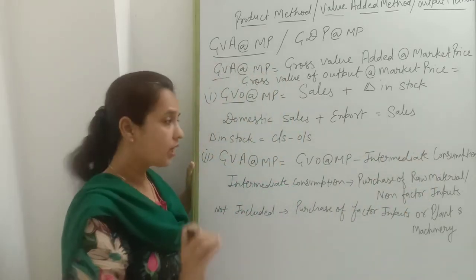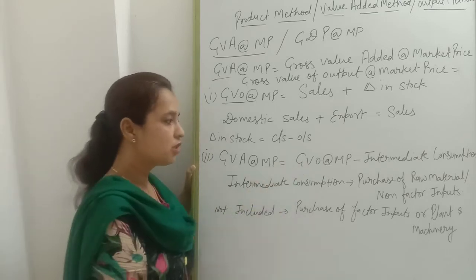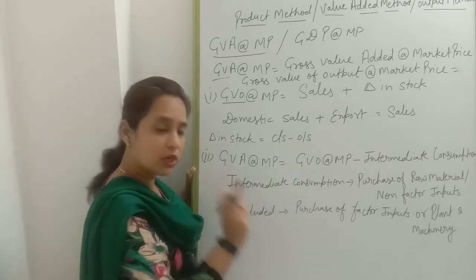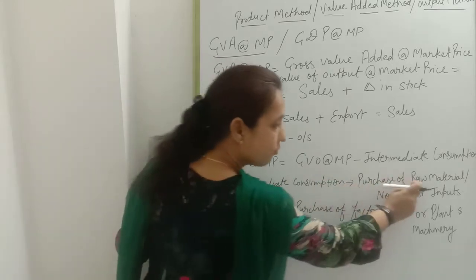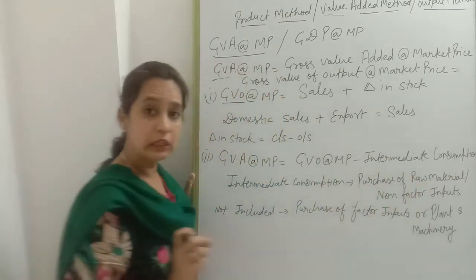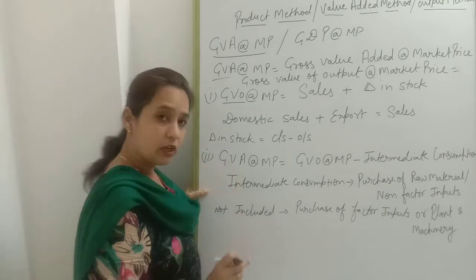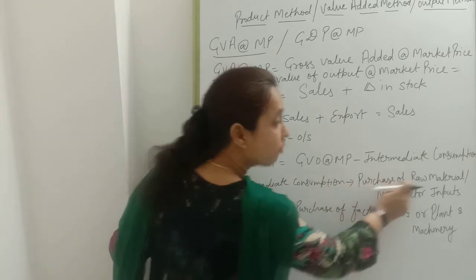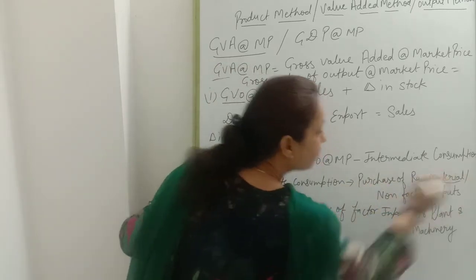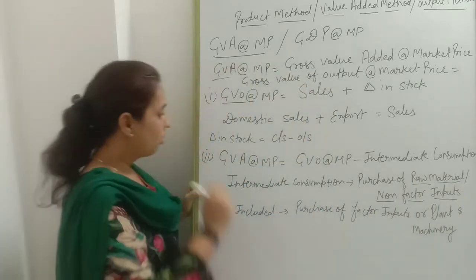Intermediate consumption I defined in my first lecture. In intermediate consumption we are going to consider purchase of raw materials and non-factor inputs. Make it clear: we include purchase of raw material only and purchase of non-factor inputs.